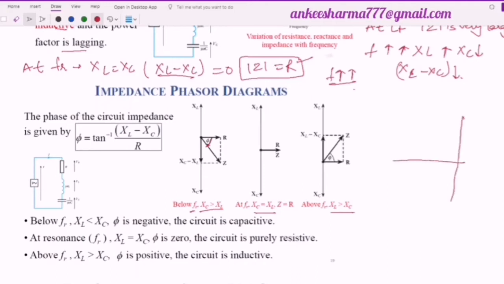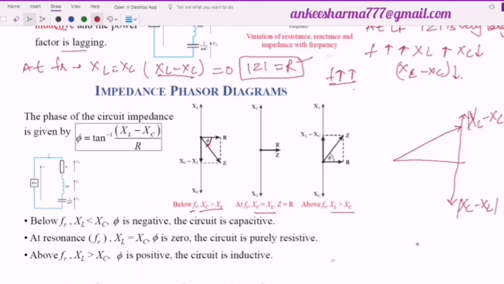As we have discussed in the last lecture, in terms of the impedances, it is XL minus XC, or in the downward side I will say it is XC minus XL. I will take the magnitude.